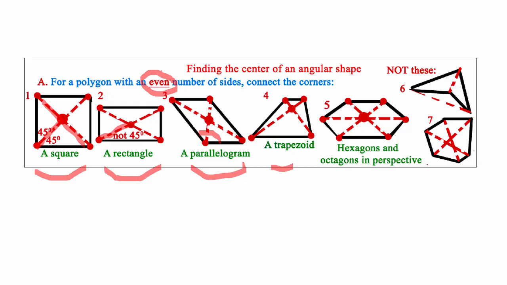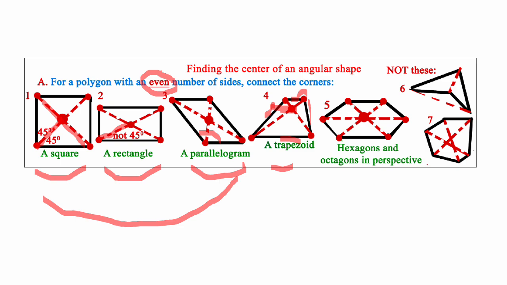And a trapezoid has only one pair of parallel sides, and the other two usually converge, and the diagonals meet more toward the short end than the long end of the trapezoid. That's different from these, where the diagonals meet at the center of the form or the shape.